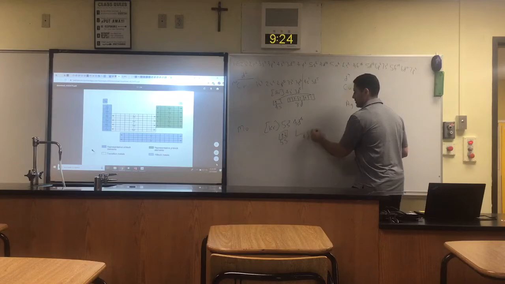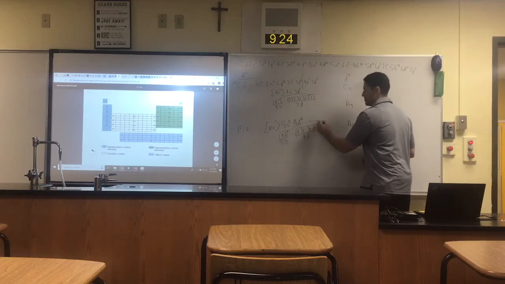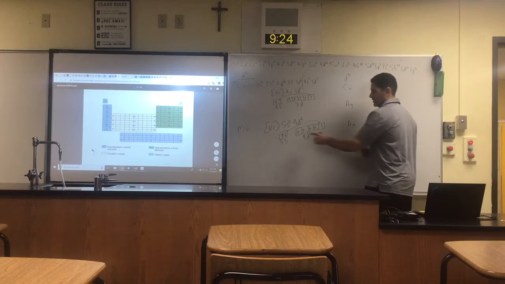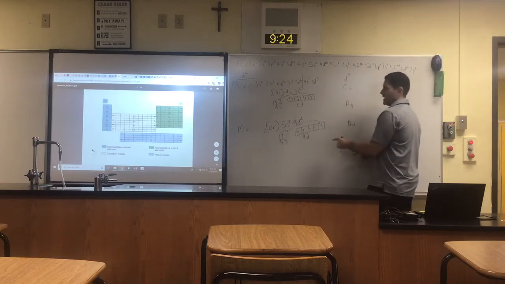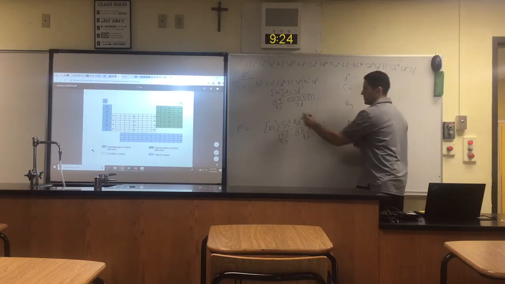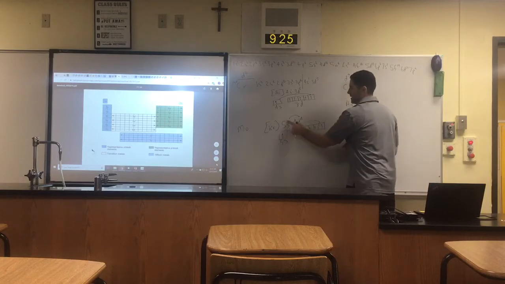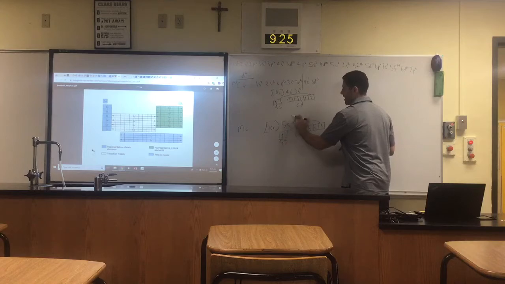What happens is, for the same exact reason, let me make another box here. This guy jumps over here, and instead of it being 5s2, 4d4, since he jumps over here, it's 5s1, 4d5.